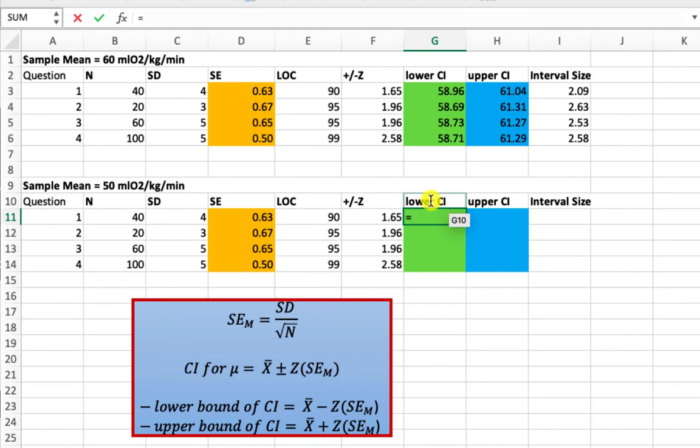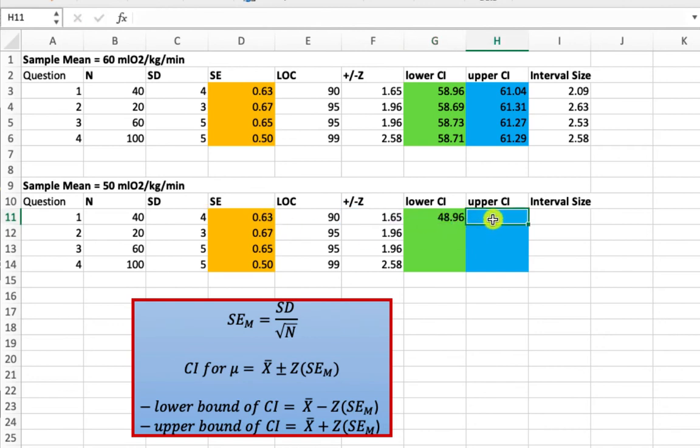So now for our lower confidence interval bound, we do the mean, 50, minus our z-score times the standard error.